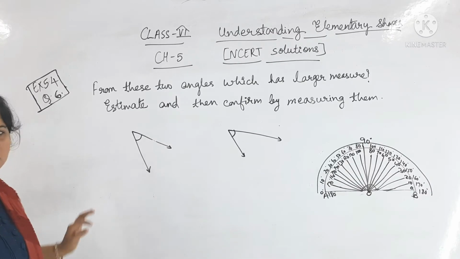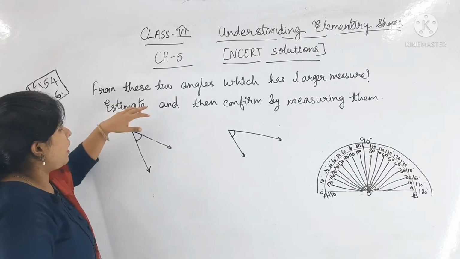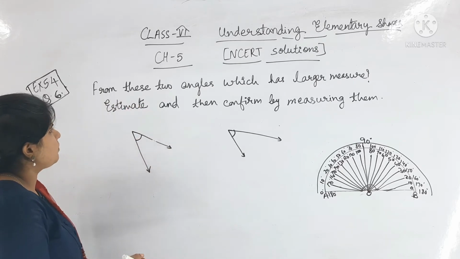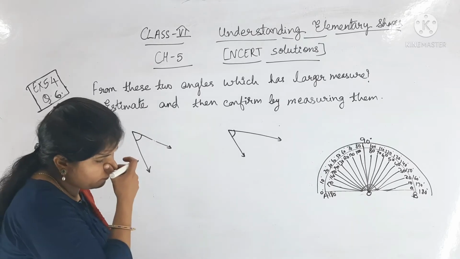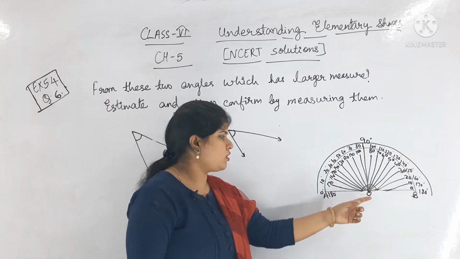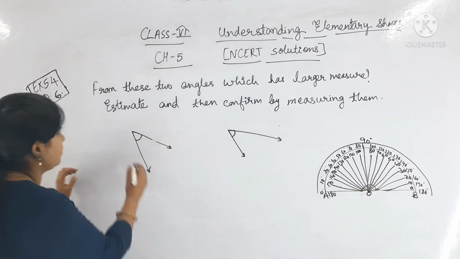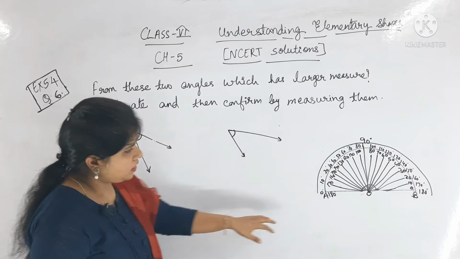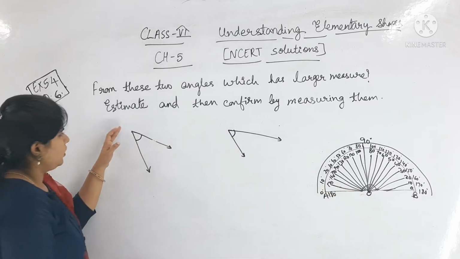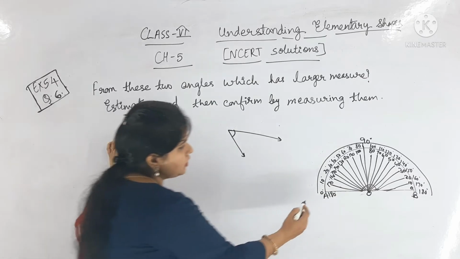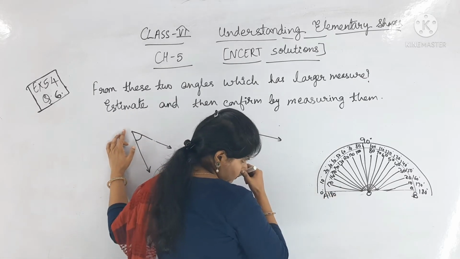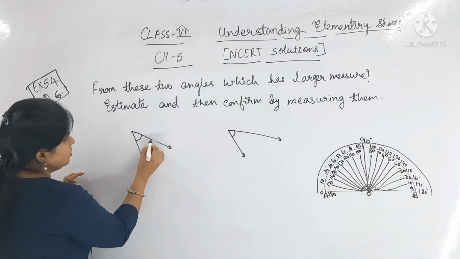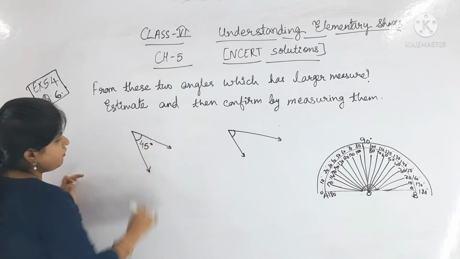Okay students, let's see question number 6 here. You have to measure these two angles. Which has the larger measure? You have to estimate and confirm by measuring them. This is your protractor. You have to place this protractor here at this point. Let it be the O point, which should be on this side. It will measure from this side, somewhere 45 degree.